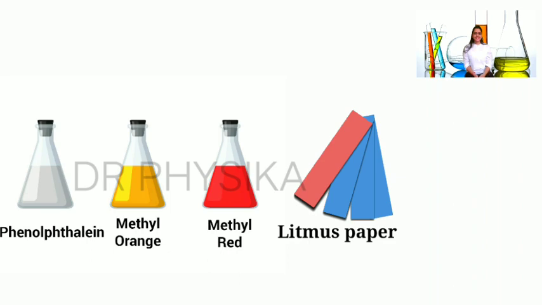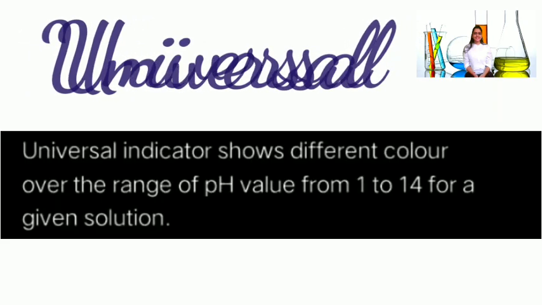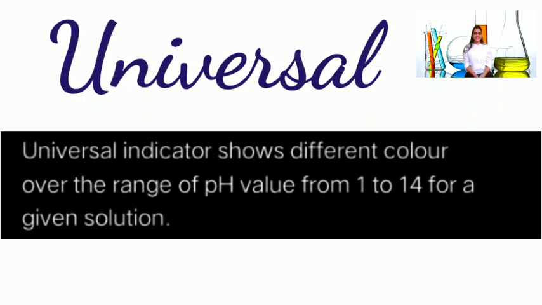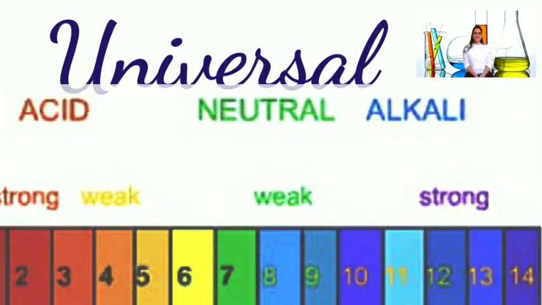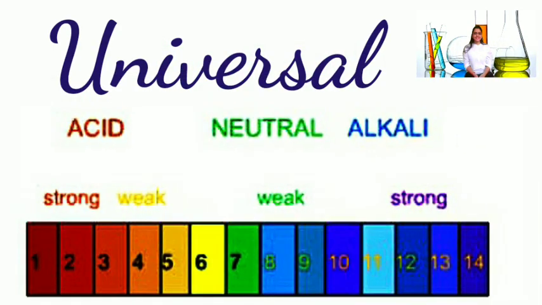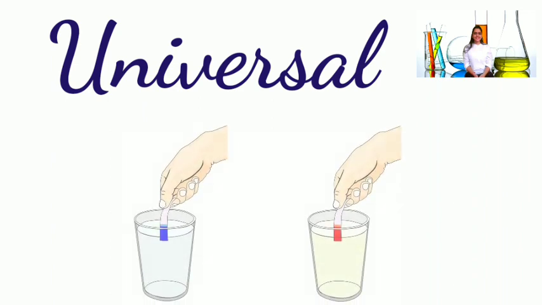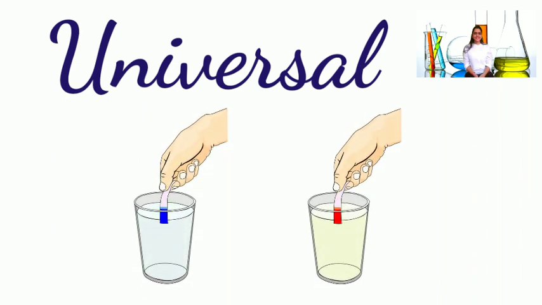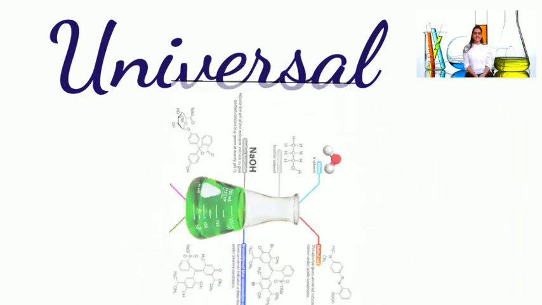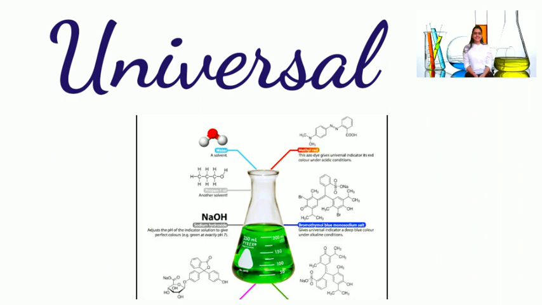Universal indicator shows different colors over the range of pH values from 1 to 14 for a given solution. Universal indicator is available both in the form of strips and solution. And yes, universal indicator is a combination of many indicators such as water, propanol, phenolphthalein, sodium salt, sodium hydroxide, methyl red, etc.